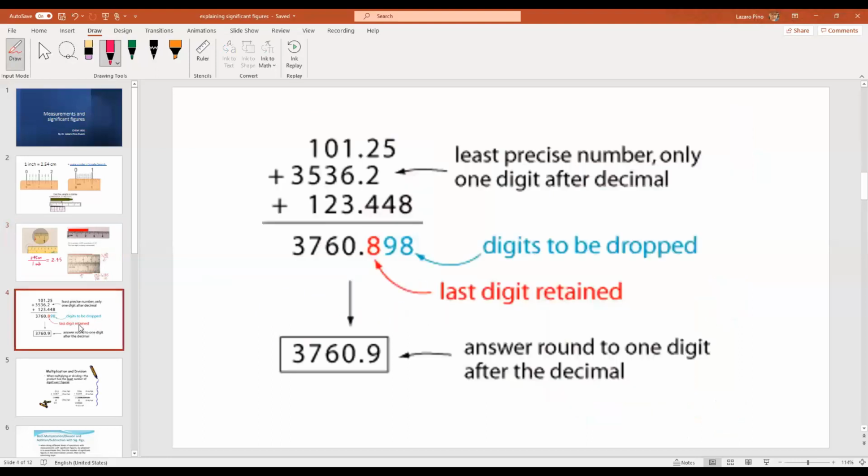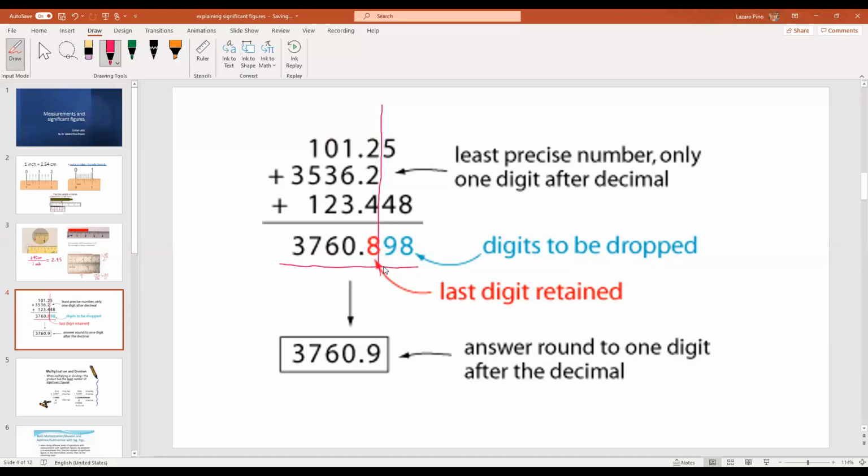Let's think about significant figures in addition and subtraction. Look at here. The least precise number is this. It has only one decimal. Then, in order to make it easy, you make a line. And you use your calculator and you obtain from the calculator this number.